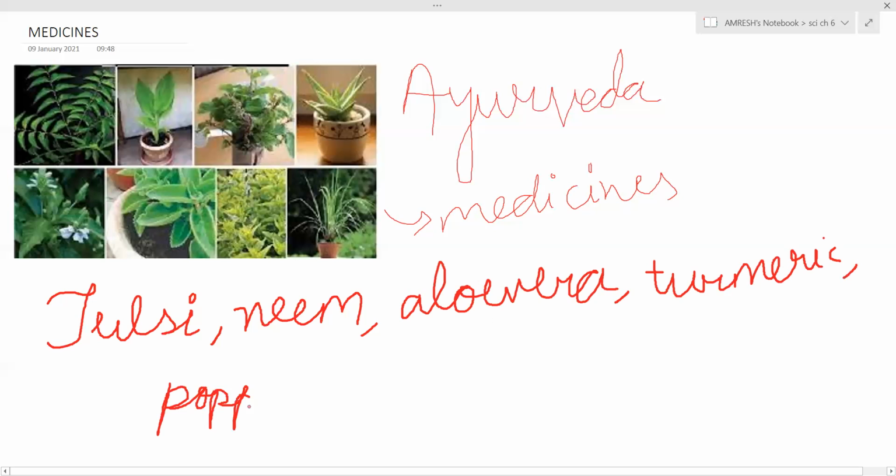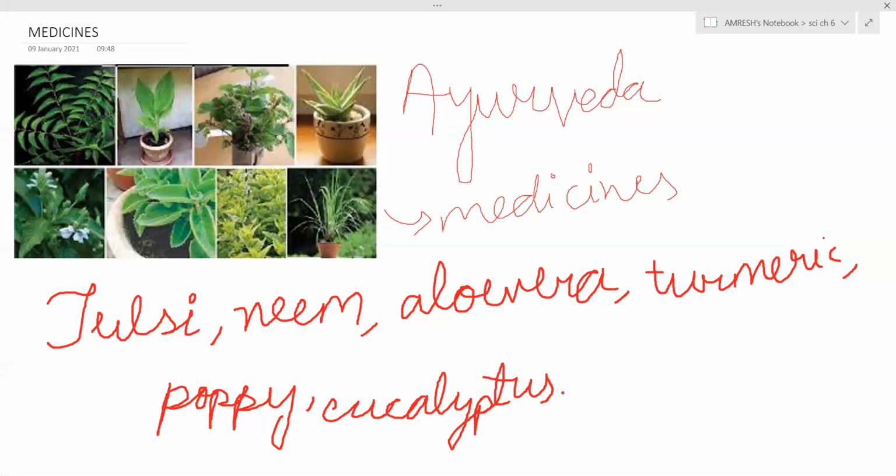That one you will learn in the higher classes. Poppy and eucalyptus. Eucalyptus is related to some malarial medicines. That is not required. You just remember the names of the plants, you may get them in the exam.